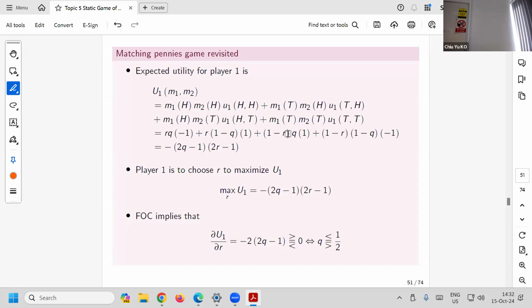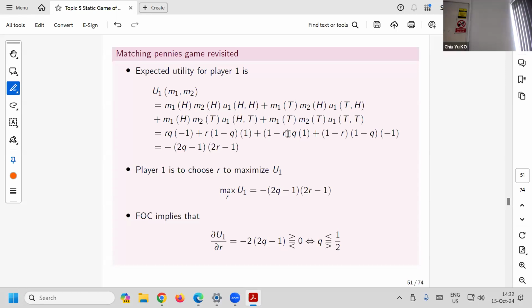To solve the maximum, you set it to 0, and that means Q is equal to 1/2. So that will be the optimal, and why that's optimal you will see later.